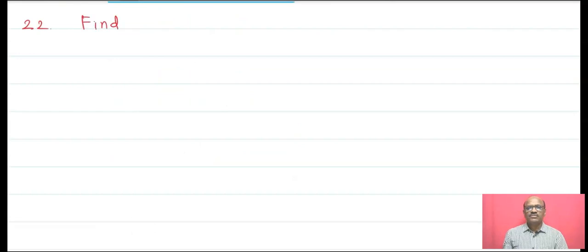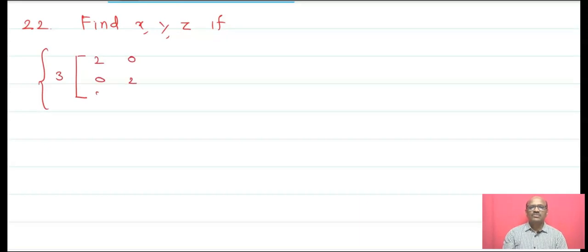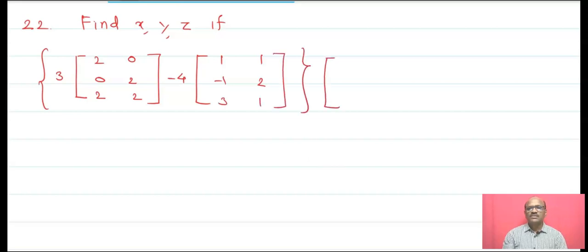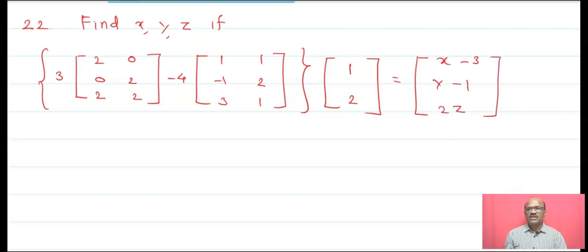Question number 22. Find x, y, z if 3 times the matrix [2, 0, 0; 2, 2, 2] minus 4 times the matrix [1, 1, -1; 2, 3, 1] equals the matrix [x - 3, y - 1, 2z].